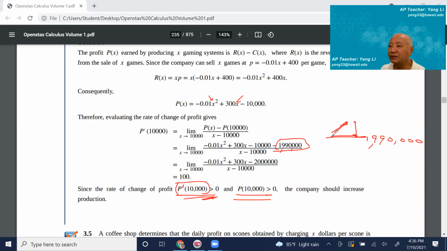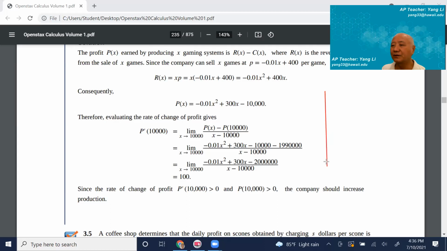At this point, this is the 10,000 production level. I'll sketch it clearly for you to see.